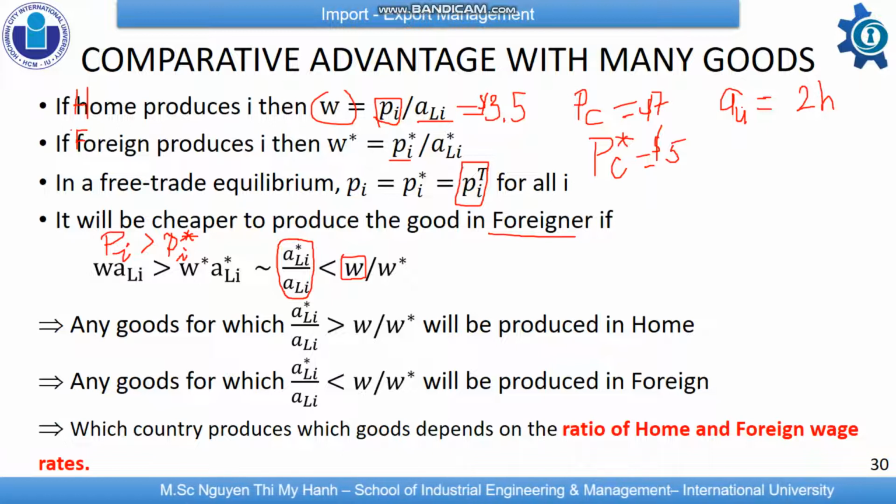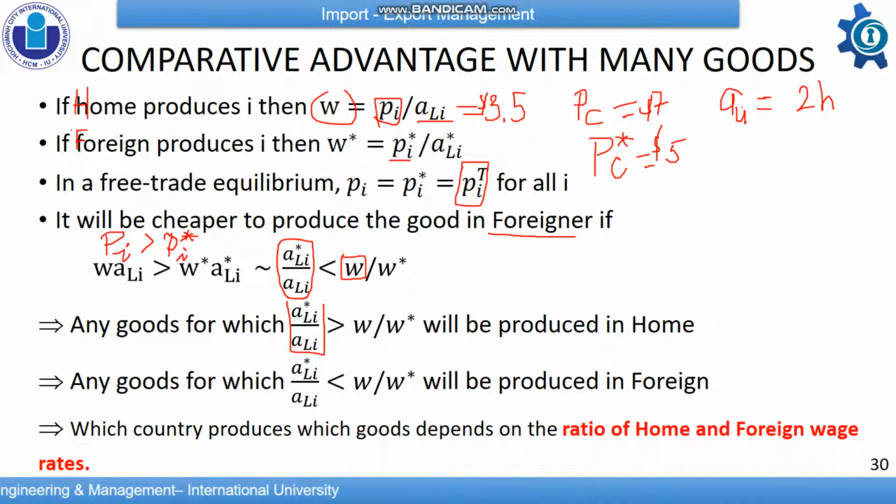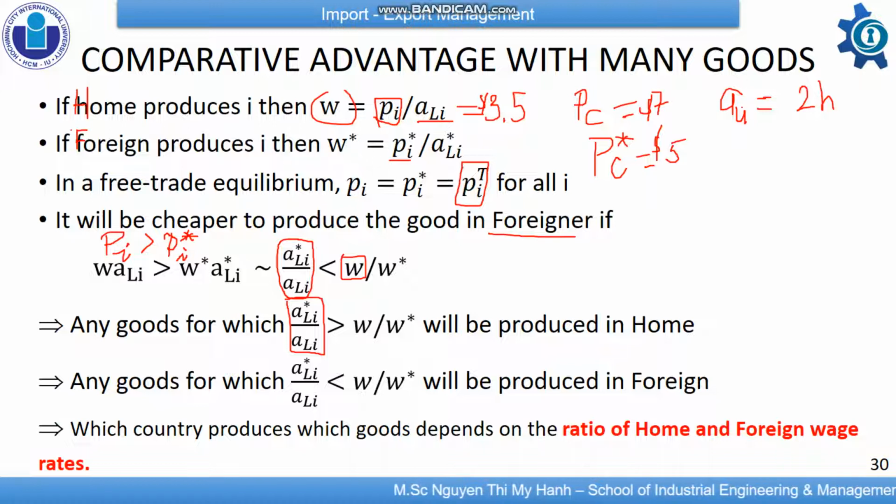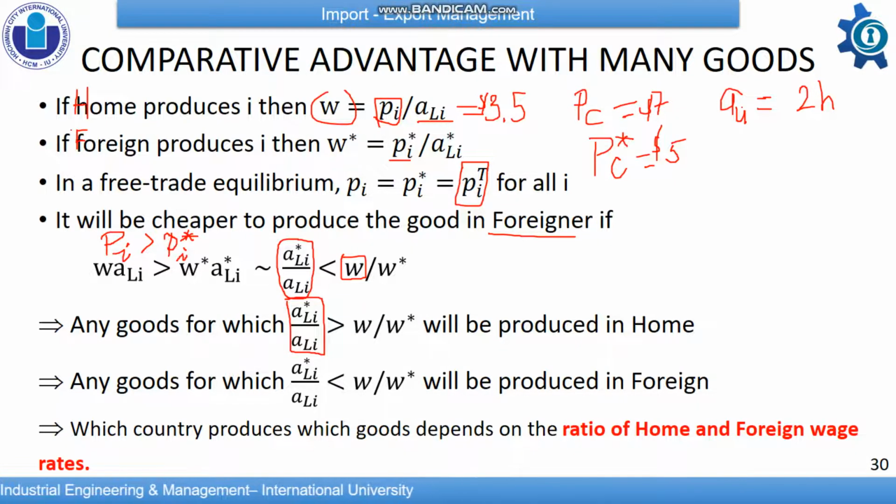And we can have the conclusion that any goods for which the relative unit labor requirement for product i in the foreign country to home country is larger than the relative wage in the home country to foreign country will be produced in home.